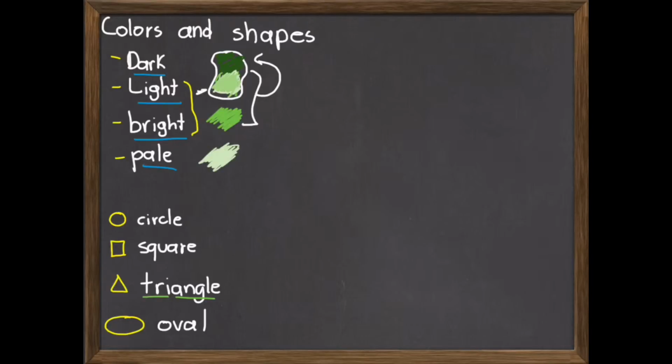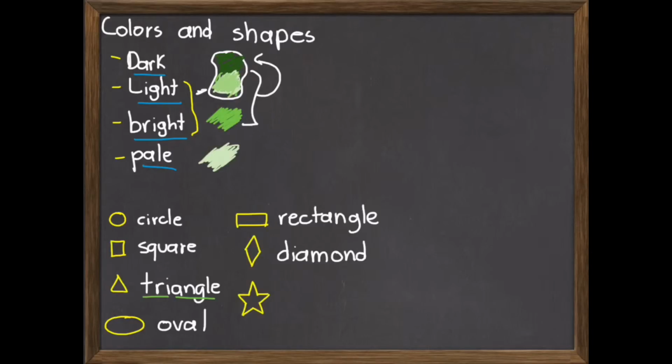So let's just call this an oval. It's like a long circle. Rectangle. Diamond. Star.